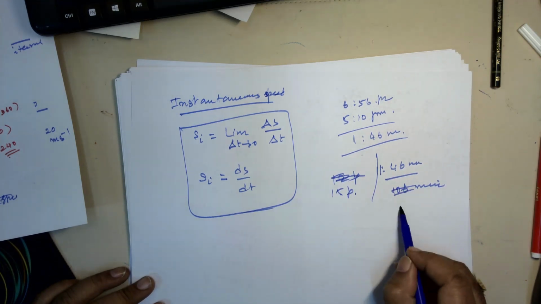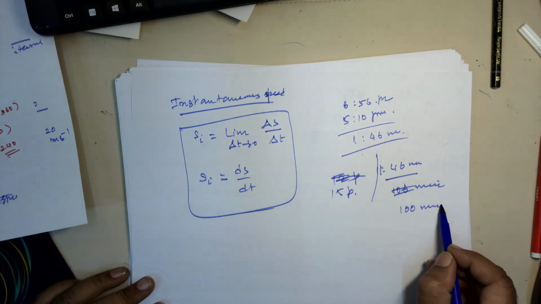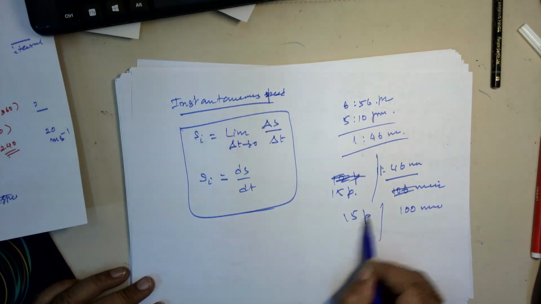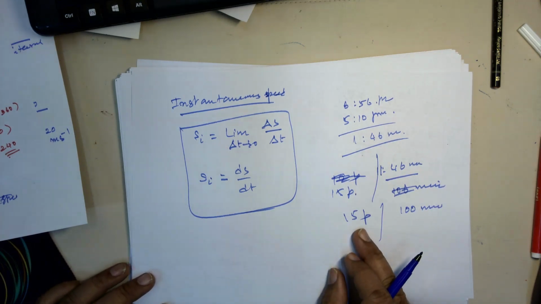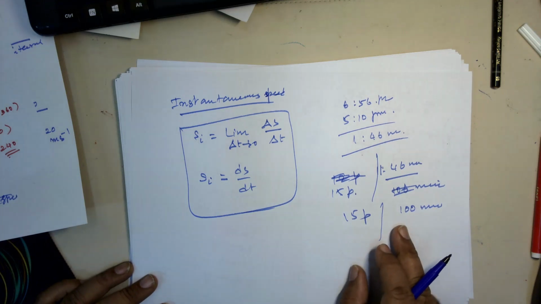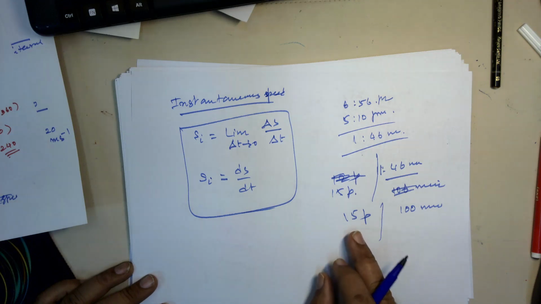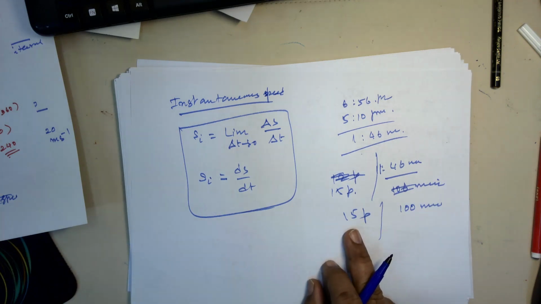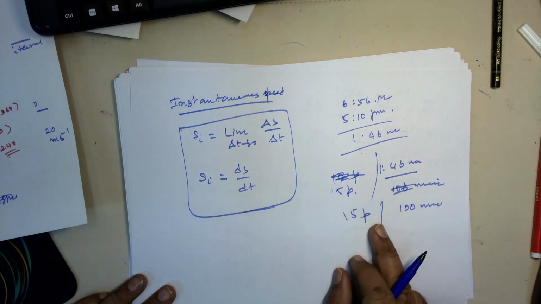So let me round off to 100 minutes. I have covered 15 pages in 100 minutes, right? So you have learned 15 pages. If I conduct the test, you will score centum in all these 15 pages.